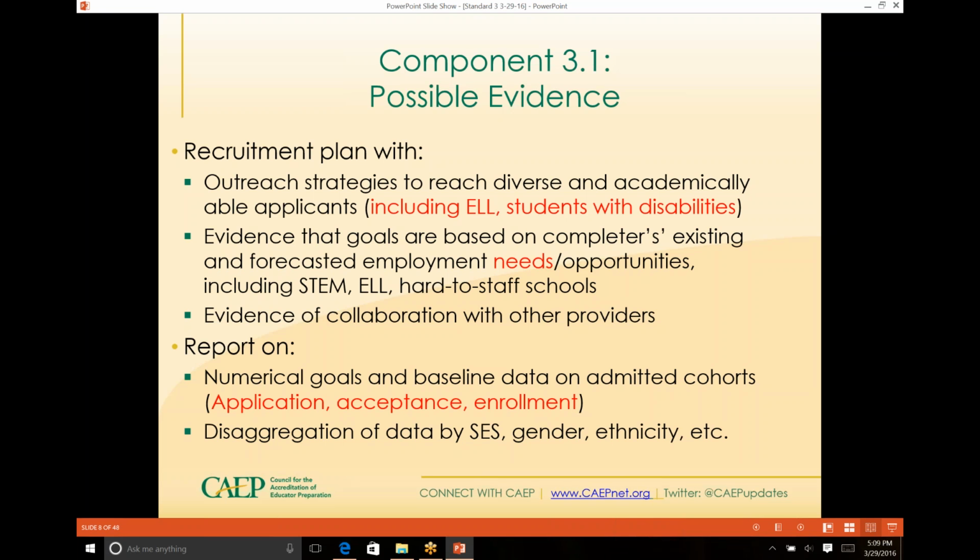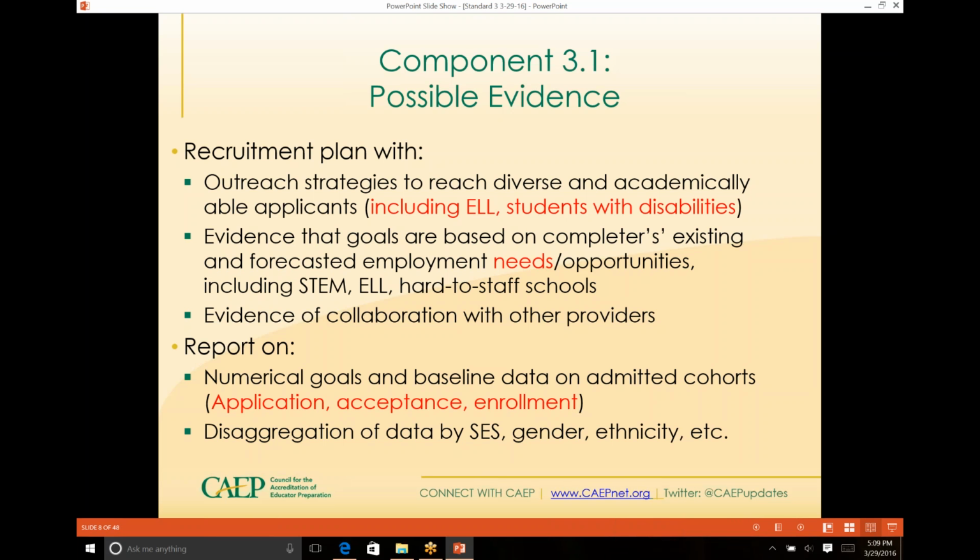You're also wanting to provide in your recruitment plan evidence that your goals are based on completers' existing and forecasted employment needs and opportunities. So not only are you recruiting for a particular candidate, but you're also recruiting into programs that will meet your local, state, or national needs.